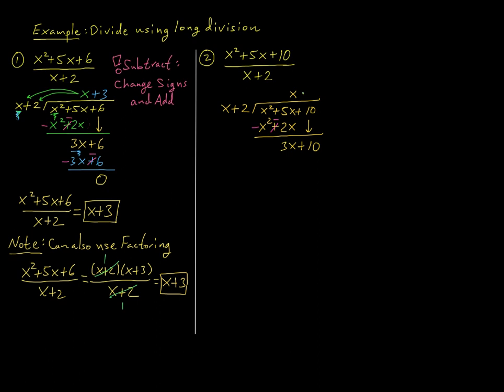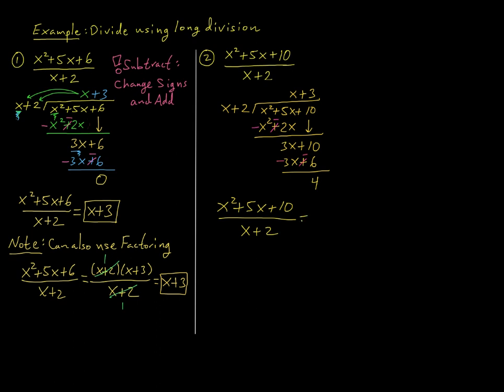Now x into 3x, that'd be 3. And distribute, so now 3 times x is 3x, plus 3 times 2 is 6. And then go ahead and subtract. And here, we're now going to be left with a remainder of 4. So here I'm going to write the answer as follows.